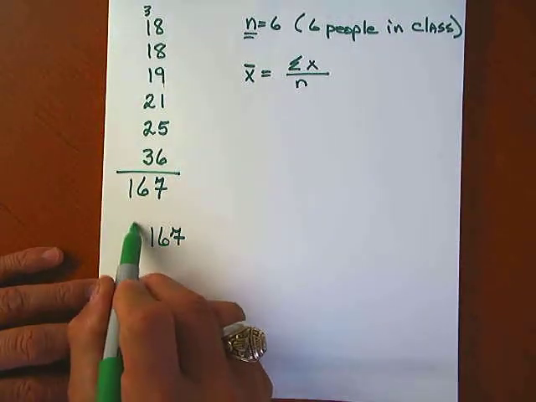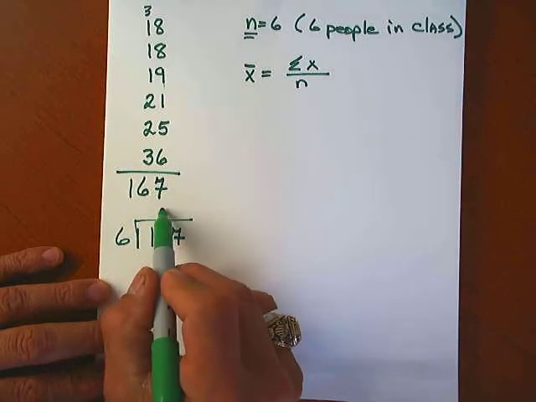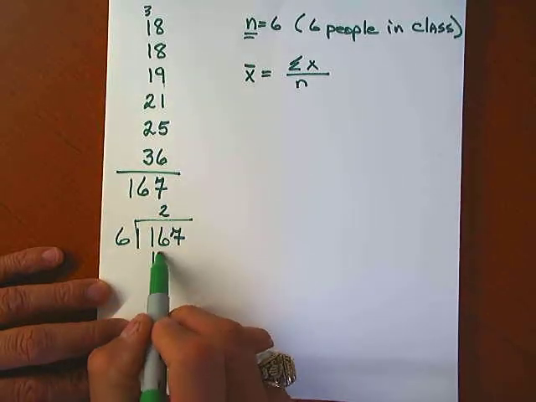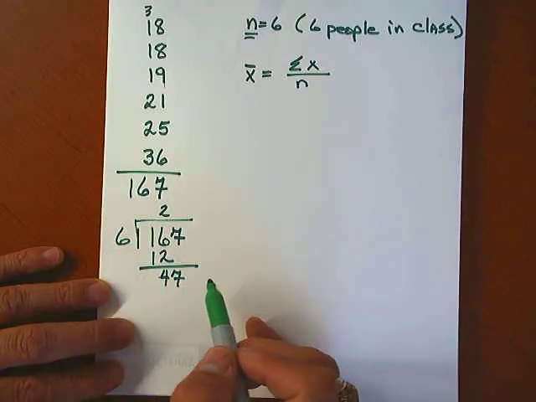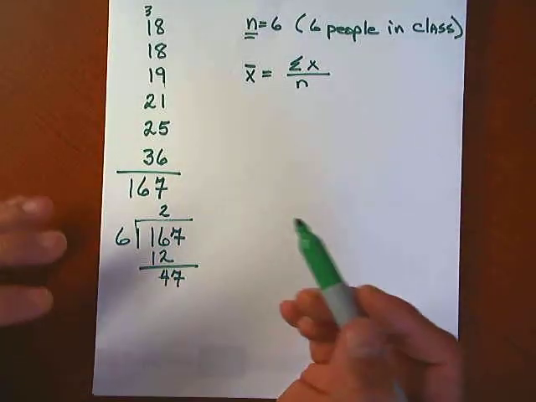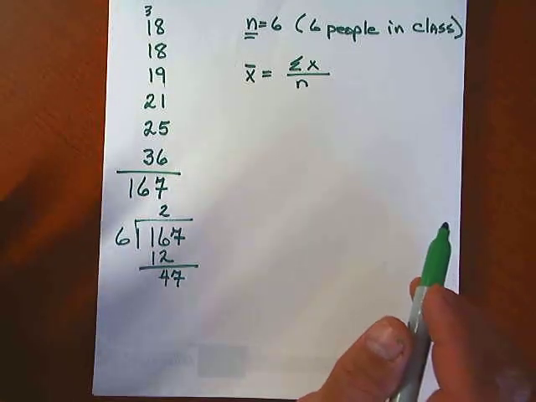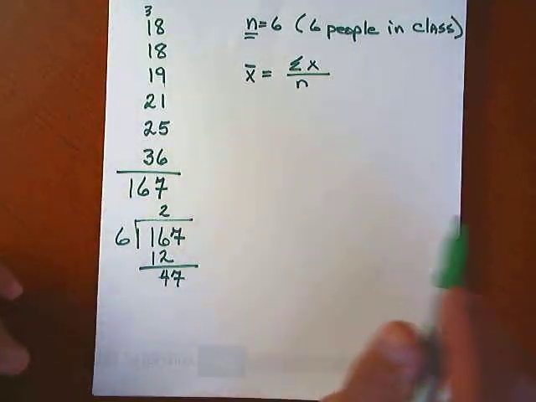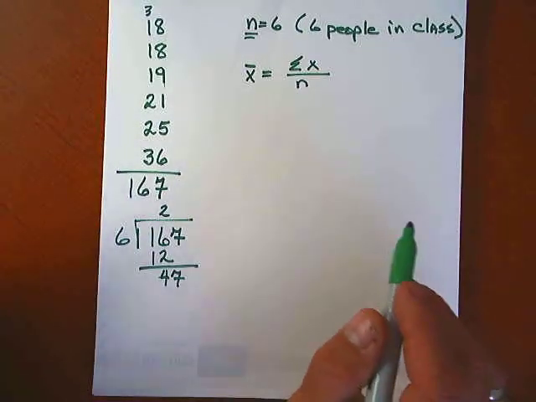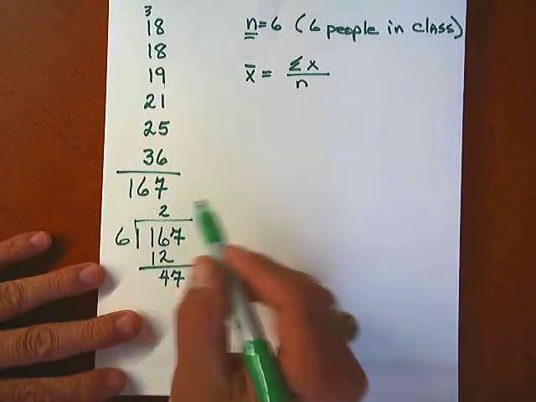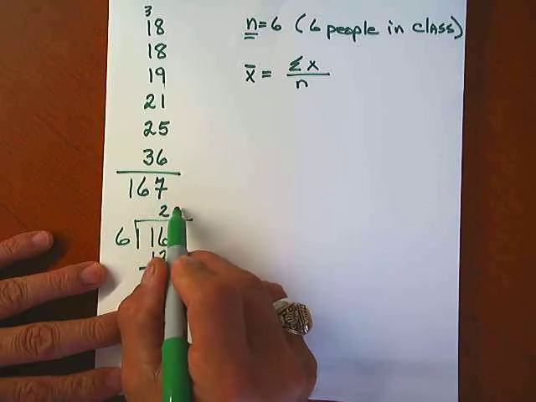And then we divide by 6. So 167 divided by 6 is going to be 2, and that's going to be 12, and then 47, and 6 will go into 47. I'm going to go ahead and say 8 times. It's less than 8. It's 7, 7.7 repeating or something like that. I'm not going to worry about that.